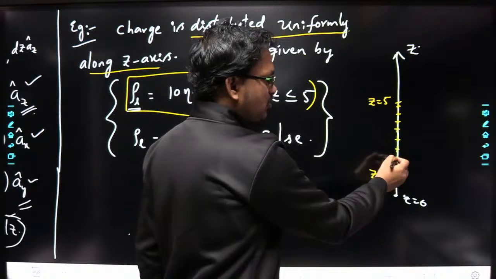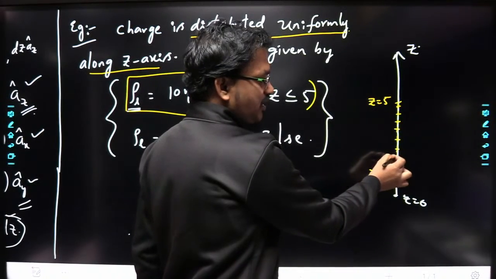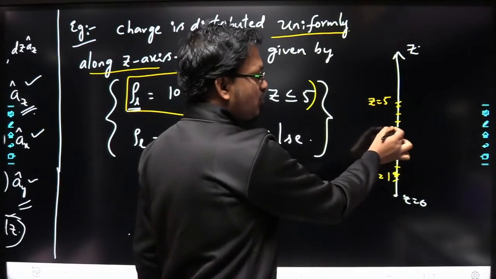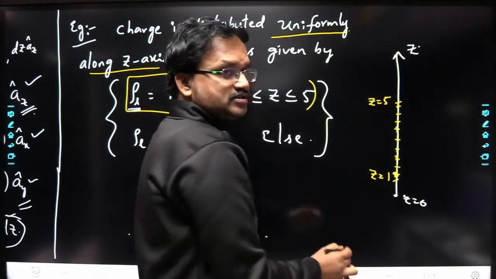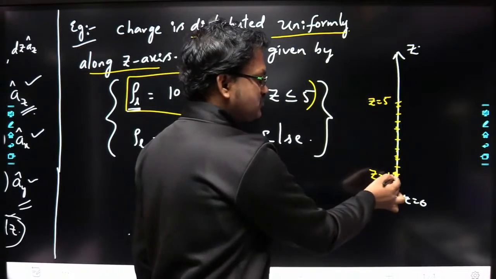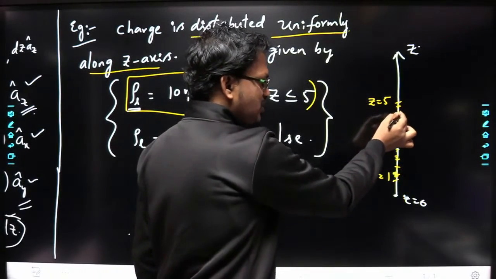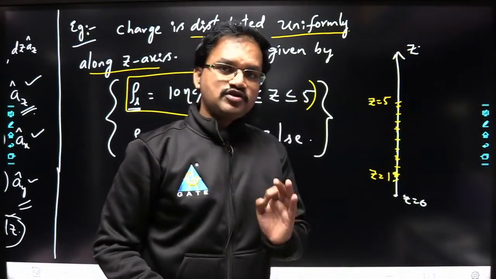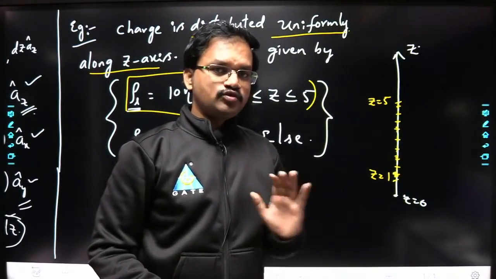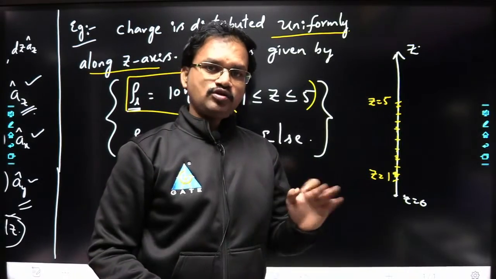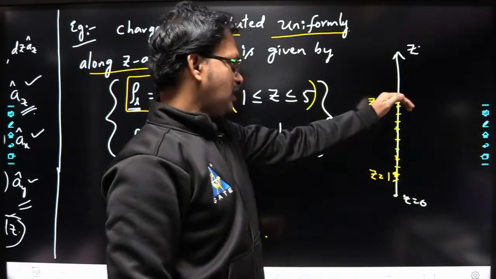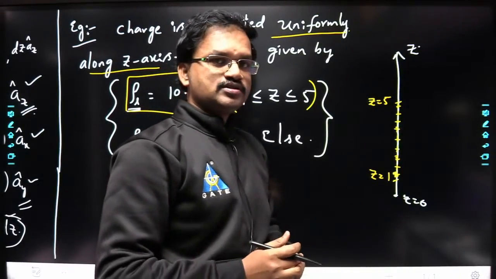If you go to some other location, here also the charge density is 10 nanocoulomb per meter. So from z equal to 1 to 5, at each and every location, the distribution of charge is uniform. Below 1 and above 5, the charge distribution is 0.